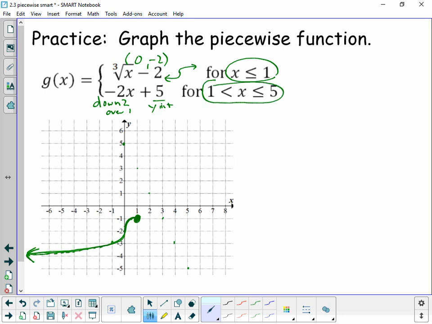You only want to keep the part between the x value 1 and the x value 5. So just this part of the line, and anything else we want to erase. So here's our function.